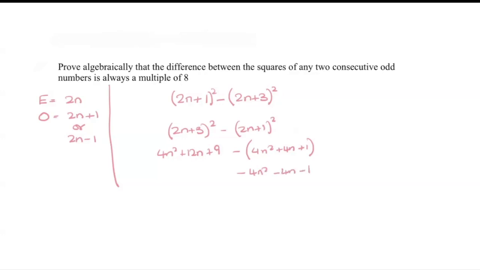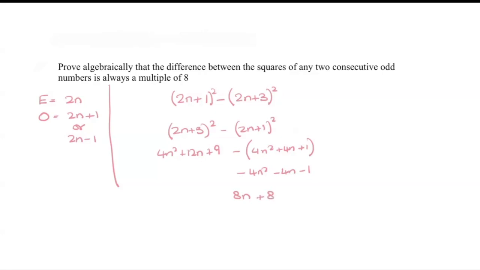It switches everything around. So we now have 4n squared take away 4n squared, which would have happened even if you missed the negative causing the switch. But the next step, 12n, will become take 4n, not plus. That will give us 8n, and then you've got 9 take 1, which is 8.